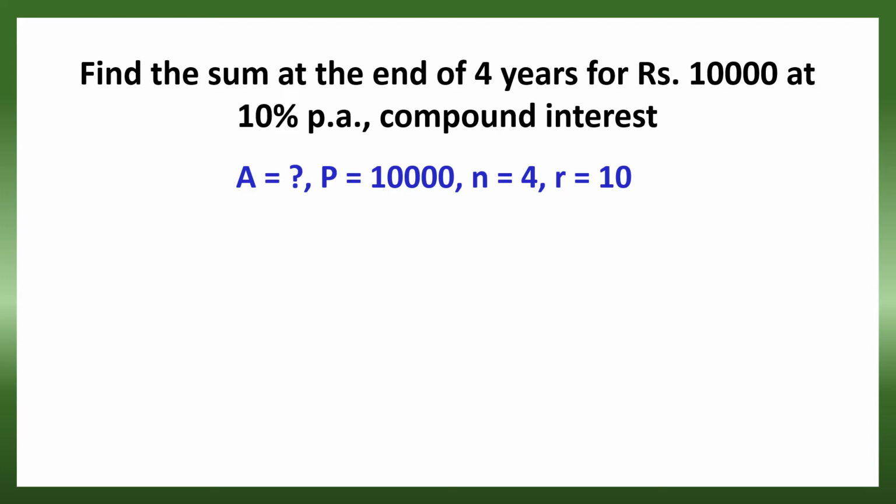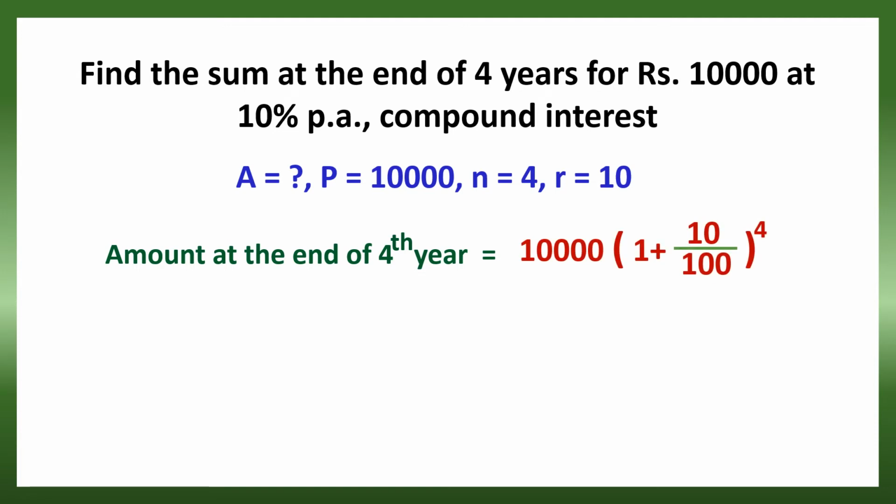That means the amount for rupees 10,000. So, that is the principal value. Principal is rupees 10,000. N is 4 years and rate is 10% per annum. Now we can apply these values in the formula to find amount at the end of fourth year.